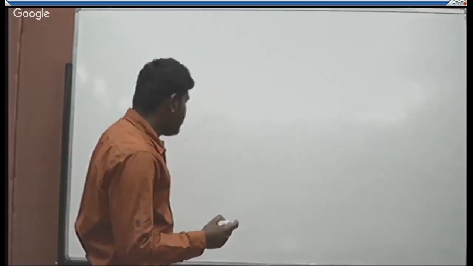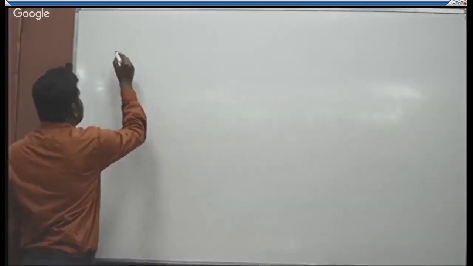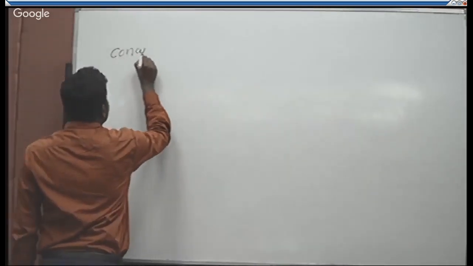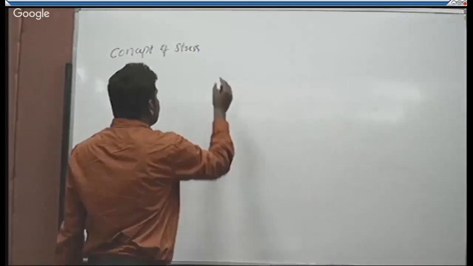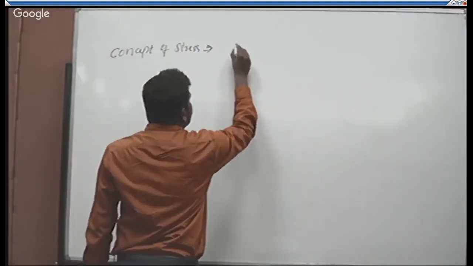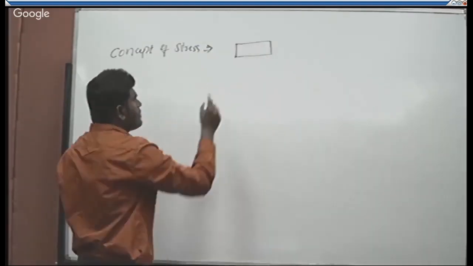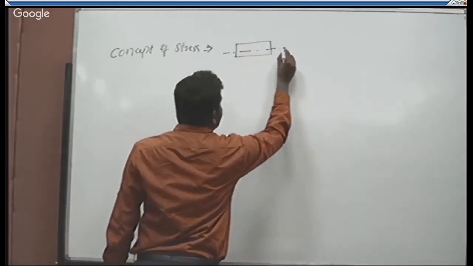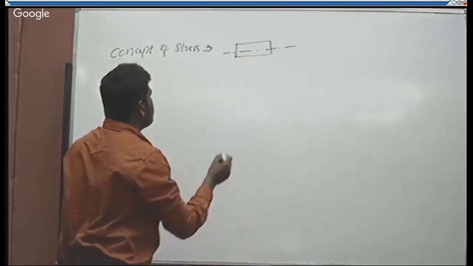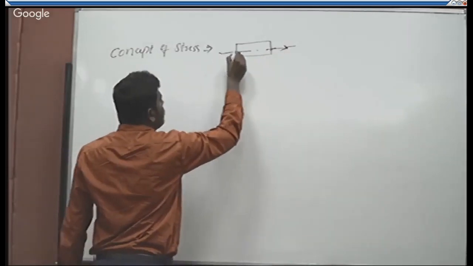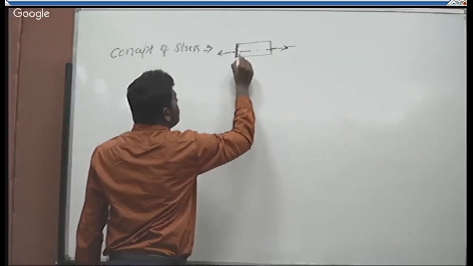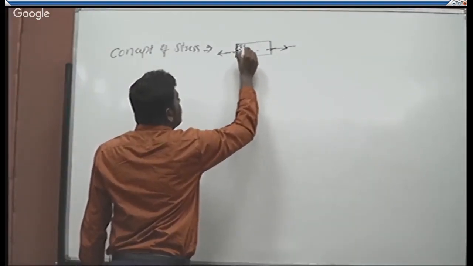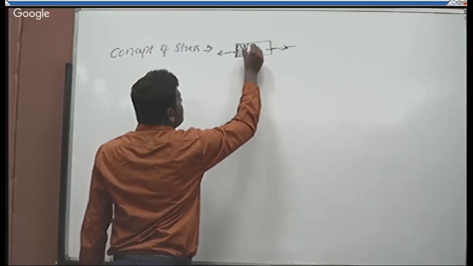So in the previous class, let's have a quick review. We had an important discussion on the concept of stress. When a body is subjected to any kind of external agency, like forces, it offers an internal resistance within the material of the body, due to the cohesive forces present between the molecules.